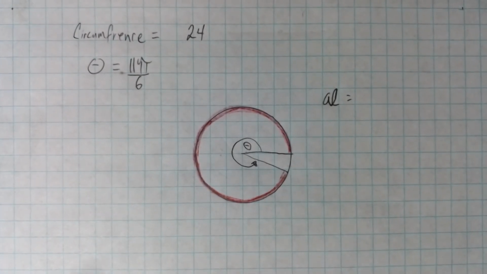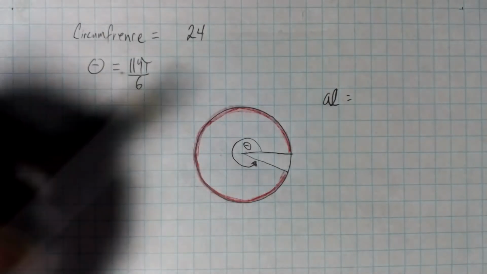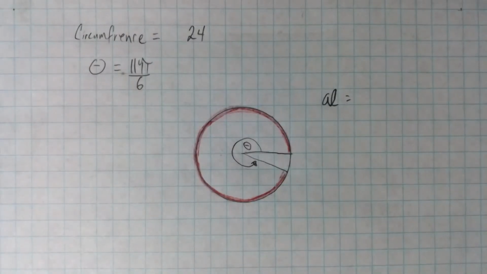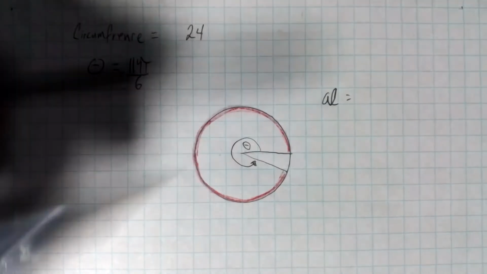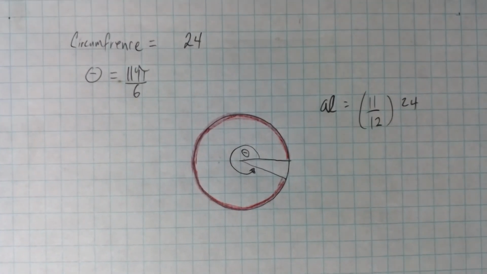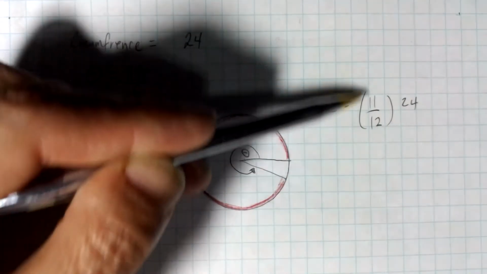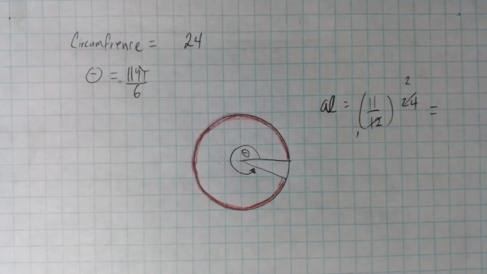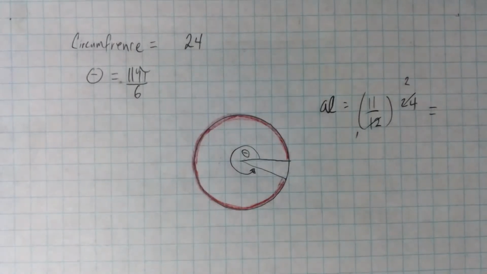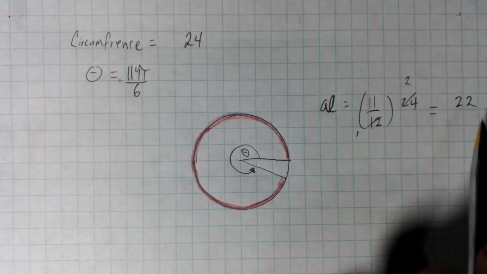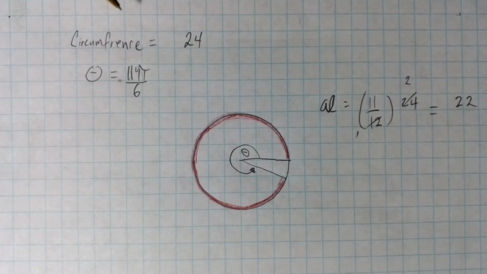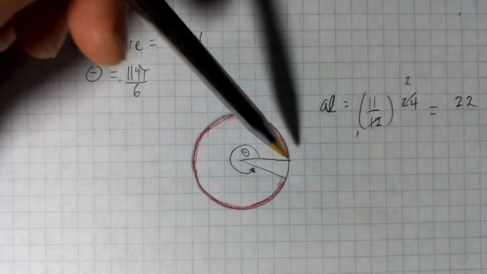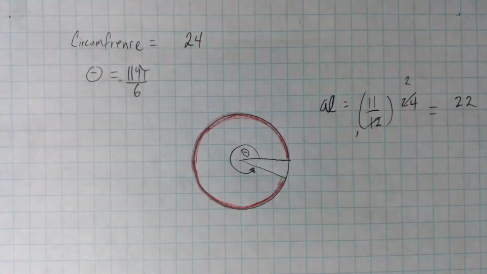Looking on your unit circle chart, you will see that there are 12 sections of pi sixths, and that's what this is. So the arc length is 11 twelfths of the entire circumference. Canceling my 24 and my 12 to a 2 and a 1, I end up with an arc length of 22. And that makes sense. If the circumference is 24 and that's my arc length, it looks like it'd be about 22.